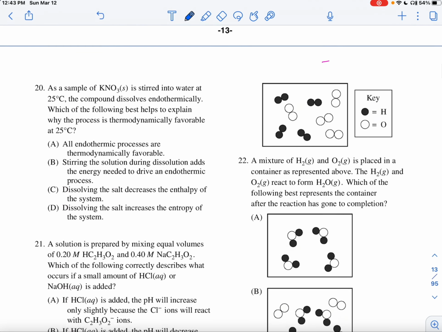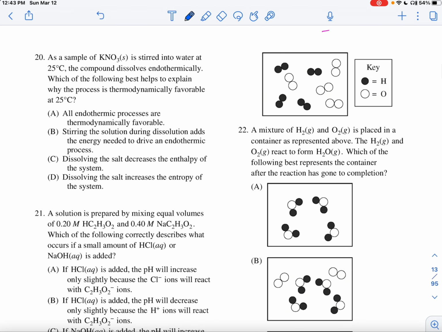All right, next question, 20. Okay, 20 is a good question, a thermo question. So this tells us that the compound is endothermic, which means we know delta H is positive, which is actually unfavorable, right?